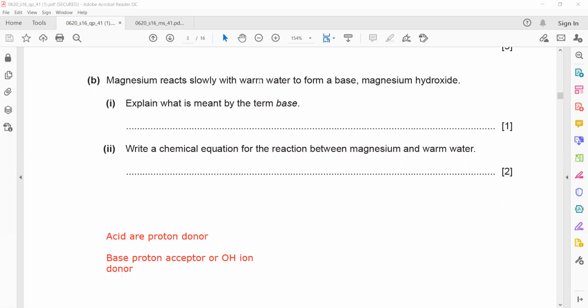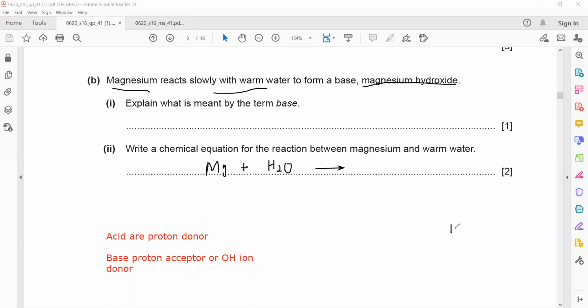Magnesium reacts slowly with warm water to form a base, magnesium hydroxide. So it should be magnesium hydroxide and hydrogen, not magnesium oxide. Magnesium plus water, water is H2O, gives magnesium hydroxide. They already give you the result.